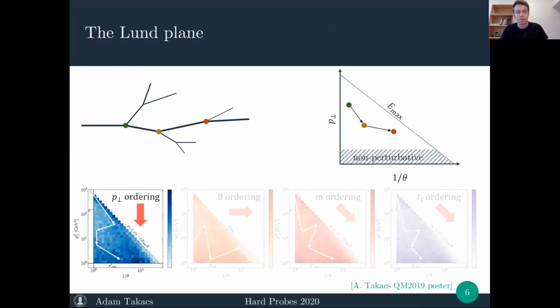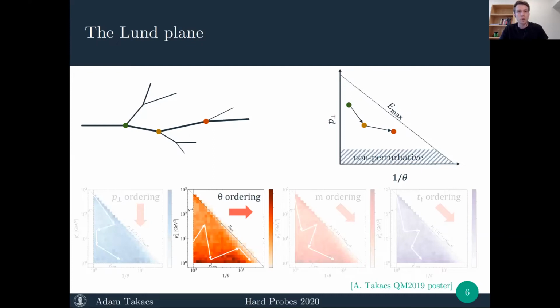For our work, for example, we implemented many parton showers. The first here is a pT-ordered parton shower. That means the evolution on the Lund plane was downwards, decreasing the transverse momentum of the subsequent splittings. As you see, the distribution is more or less homogeneous, and the individual path for one particular jet is shown with the white lines.